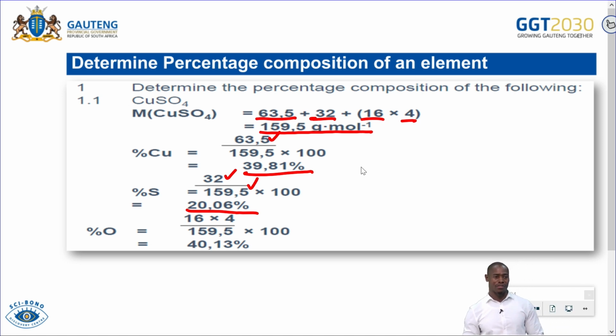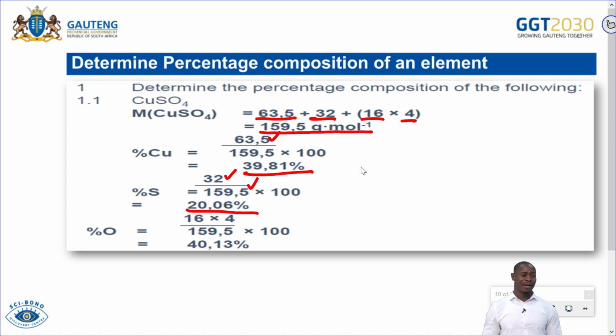20.06%. Then what is the percentage of oxygen in 1 molecule of copper sulfate? It will be 16 times 4. Why 16 times 4, learners? In 1 molecule of copper sulfate, we have 4 oxygen atoms. So it's 4 multiplied by the relative atomic mass of oxygen, which is 16 from the periodic table. So it's 4 times 16, divided by the molar mass of copper sulfate, which is 159.5.